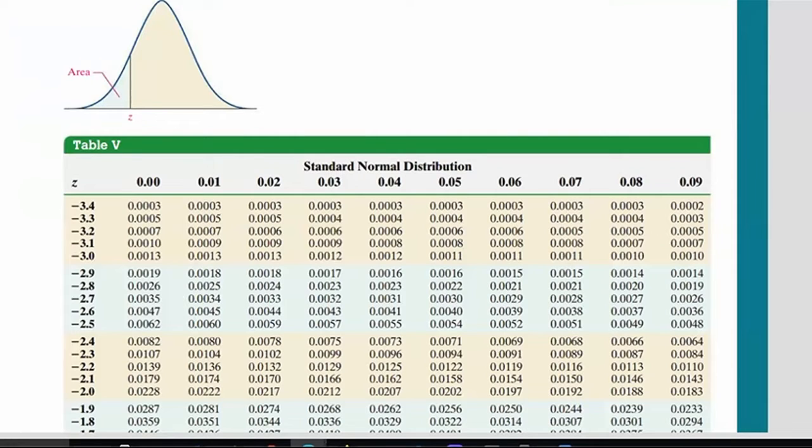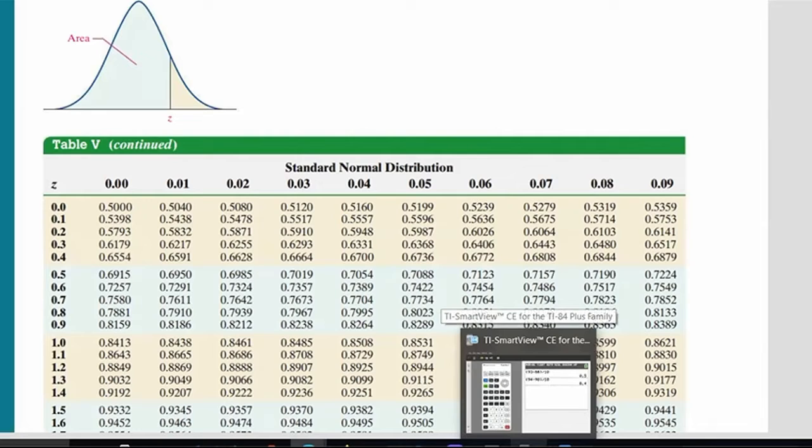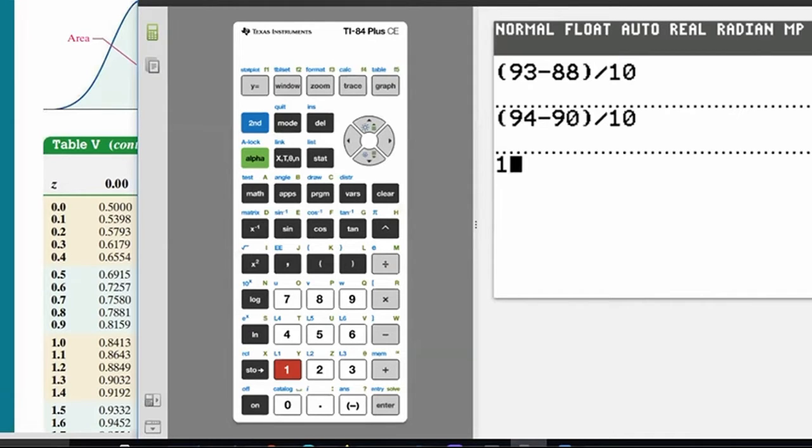We've got to go to the positive page. That 0.6554, I'm going to have to subtract from 1 using the fact that we're talking about complementary regions being shaded.